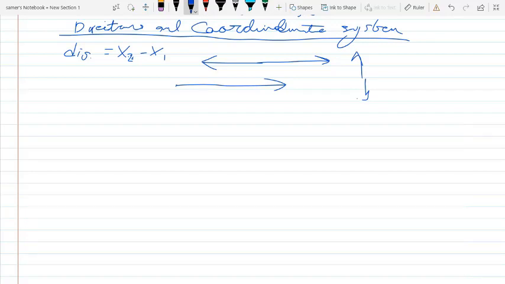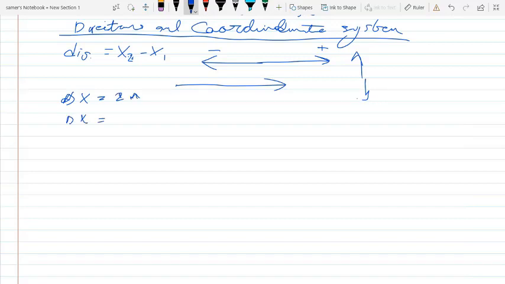For motion in a straight line, we can describe both properties by taking position coordinates to be positive in going in one direction and negative in going in the other direction. For example, we can consider that going to the right is the positive direction and going to the left is the negative direction.